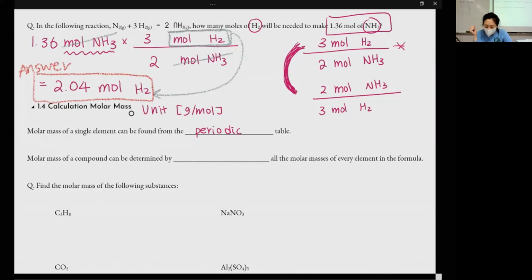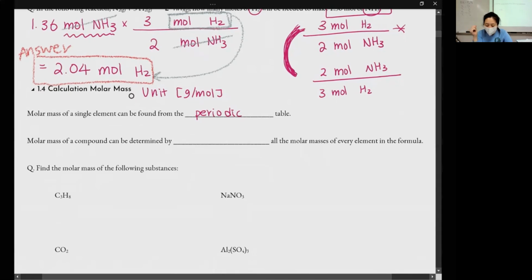And the second part: whenever you have a compound, and you want to determine the molar mass of a compound, a compound is when you have more than one element.